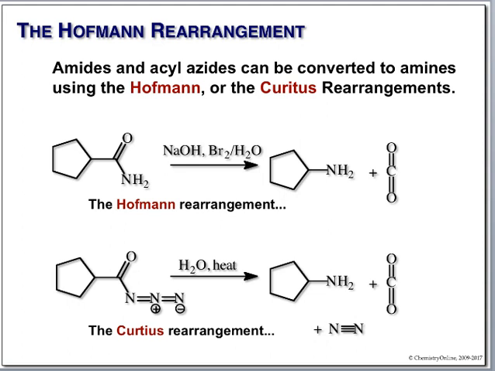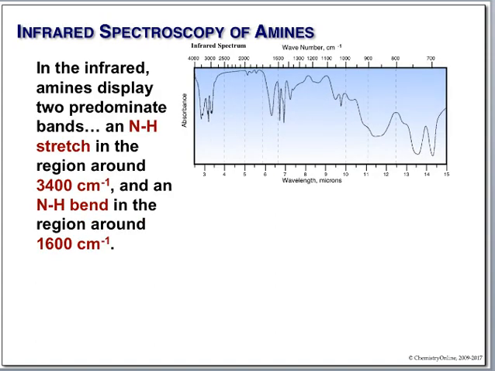All right, if our benzamide experiment would have worked, and it didn't, we would be familiar with the infrared spectra of amines, amides, things like that. There are bands that are highly characteristic of amines, and they occupy really two regions.